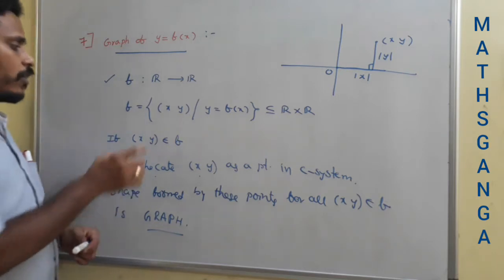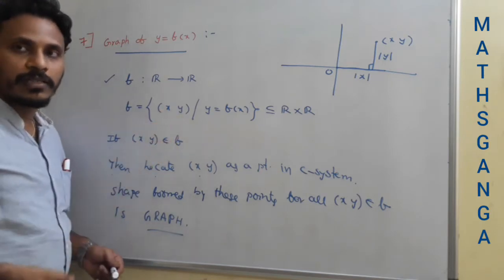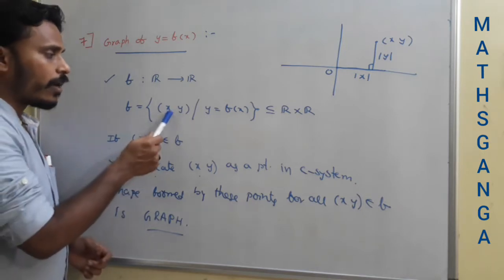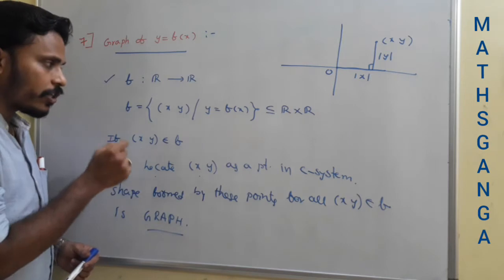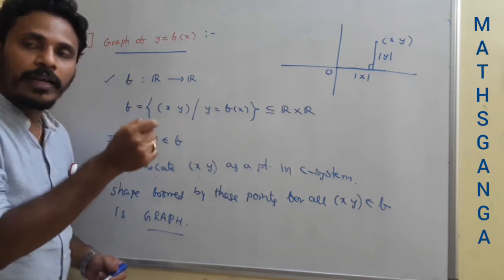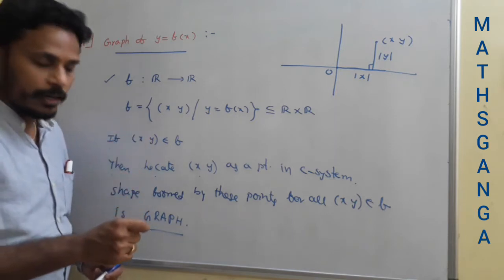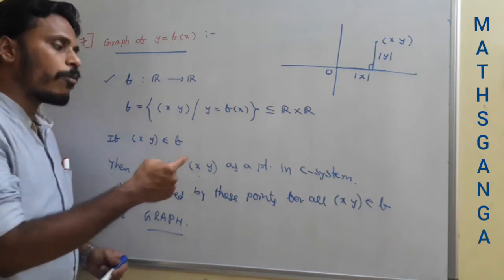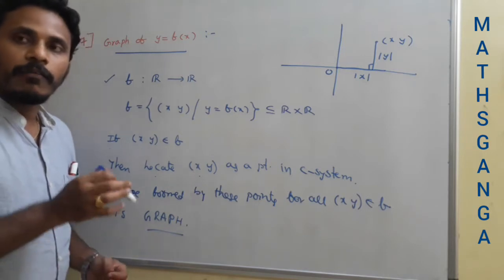If we have y equals f of x, a function, that function consists of some ordered pairs x comma y. Taking x, you will get that y. So the relation between y and x is simply y equals f of x. In such a case, you need to locate that x comma y as a point in the coordinate plane. Locate all such x comma y in the coordinate plane, join all those points, and the shape formed by joining all those points is the graph of that particular function.